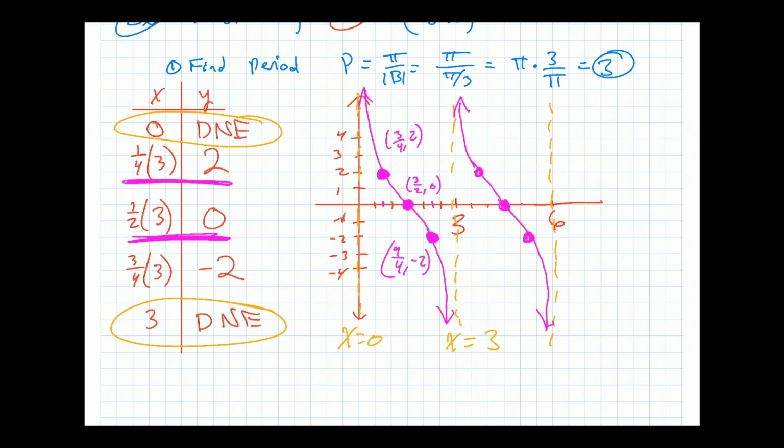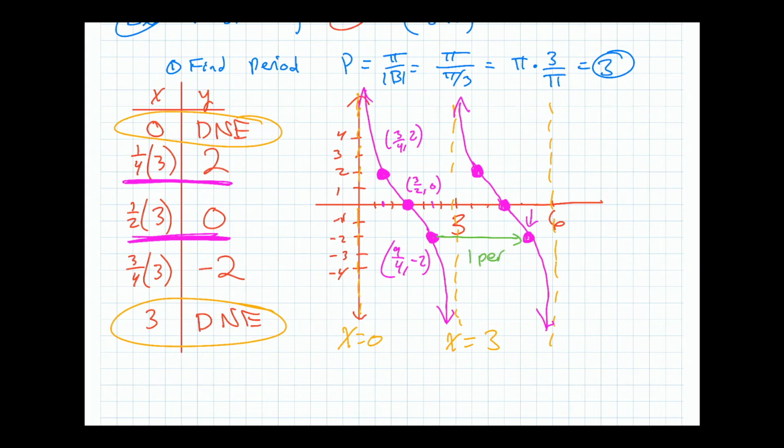Now, if you want to figure out where this point is, what are the coordinates right there? Well, make sure you understand what a period is, because one period is how far you go before the graph repeats. So this distance is one period.